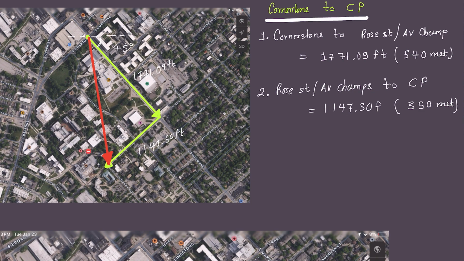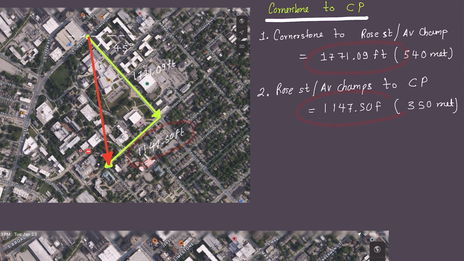Now let's calculate, if you were able to fly from the Avenue of Champions to CP, what distance you would be traveling. Clearly, if you're just walking or driving down the Avenue of Champions and then take a right on Rose Street, it will be 1147.50 feet plus 1771.09 feet.